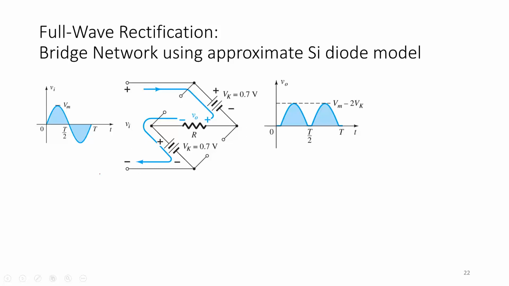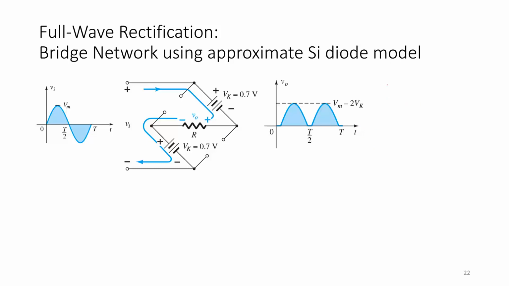If we are considering the positive cycle, then we know that diodes D2 and D3 will turn on. If we do a KVL around this loop, minus Vin plus 0.7 plus Vout plus 0.7 equals 0, we can find an expression relating Vout to Vin that includes the forward voltages. So let's have a try.